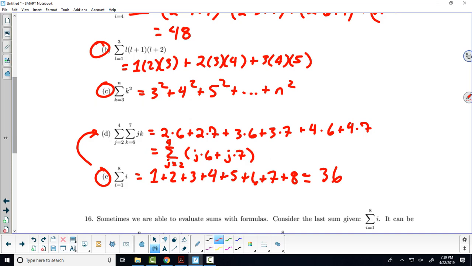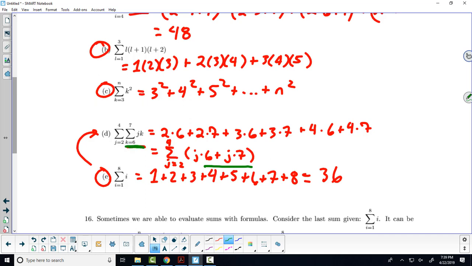Where did that j times 6 plus j times 7 come from? I evaluated this right here, just leaving that j without substituting anything for it. So this piece right here is this piece right here.